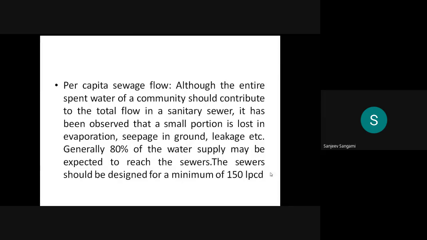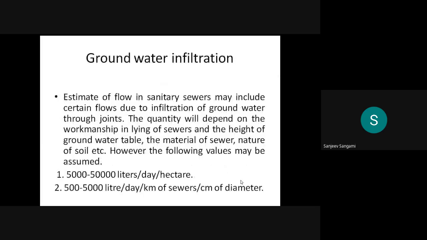Then the sewer should be designed for a minimum LPCD, but we have to use a proper code. The code available is IS 1172. If you refer to IS 1172 as well as the CPHEEO manuals, you will come to know how much has to be referred and followed. Then even the groundwater infiltration has to be considered.